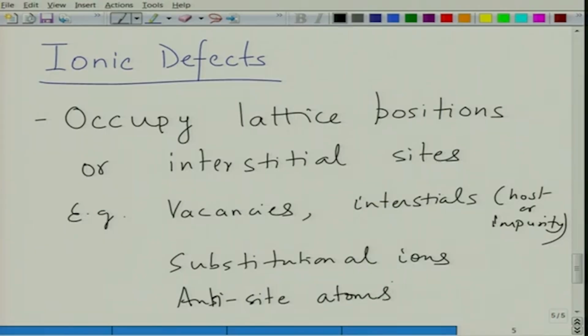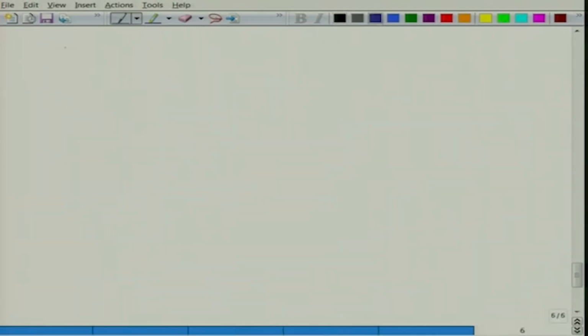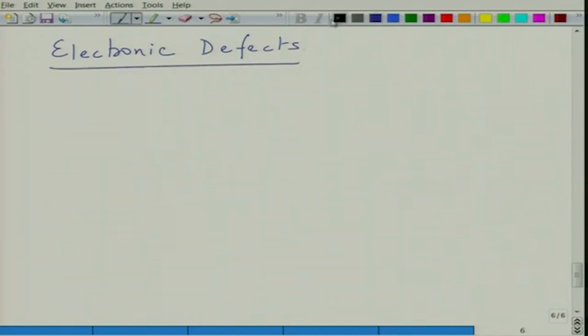These are some examples of ionic defects. The electronic defects, on the other hand, are because of deviations from the ground state.